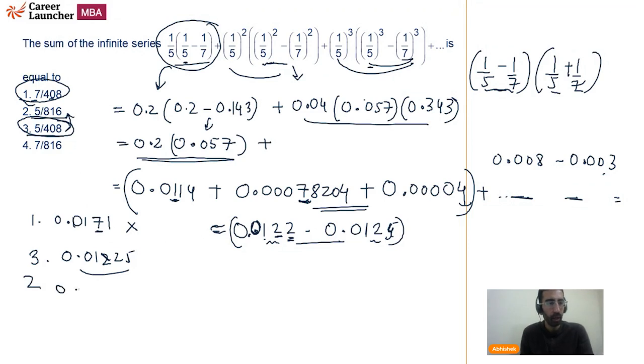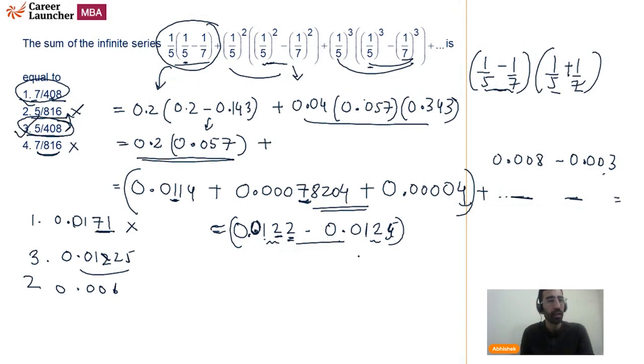So option 2 is going to be half of this, which is 0.006. This is less than the value we've already obtained using the first three terms. 7/816 is half of 7/408, so it's going to be 0.008 something. So that's not possible.